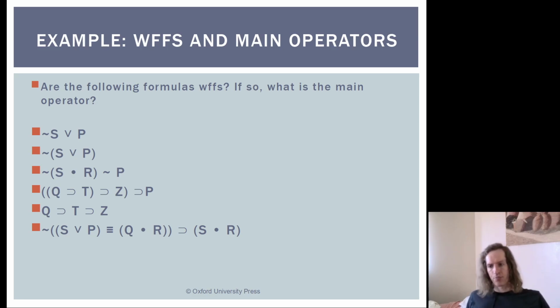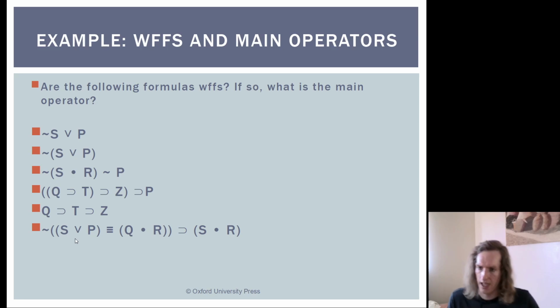So if we connected all of these parentheticals, there would be two operators that fall outside of them. One would be this conditional here, and the other would be this negation.